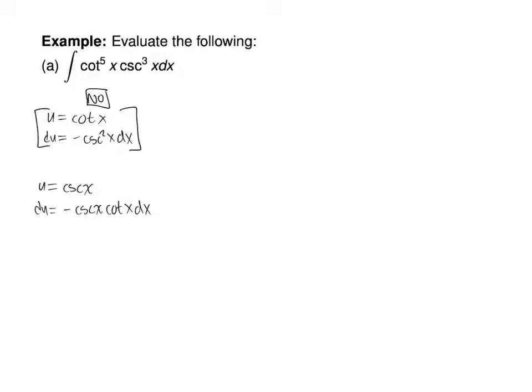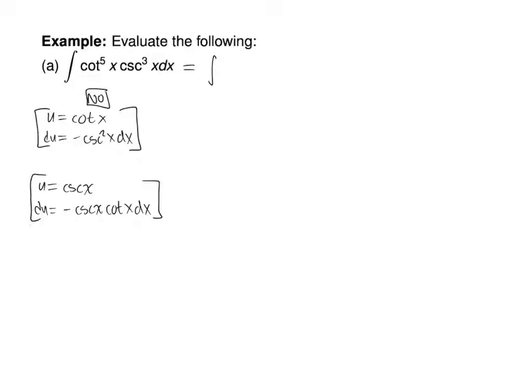We have a single cosecant to an odd power, and we can't change that. We know about cosecant to even powers because of the Pythagorean identities. But if you do this, what happens to the power in your cotangent? When you've saved one of them, it becomes cotangent to the fourth. And can you change the fourth power into second powers of cosecants? Yes, so that's the one we're going to use.